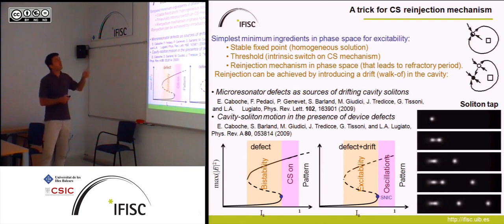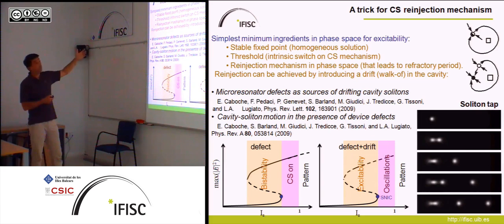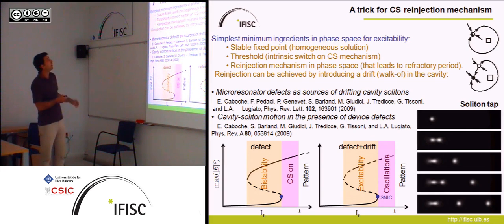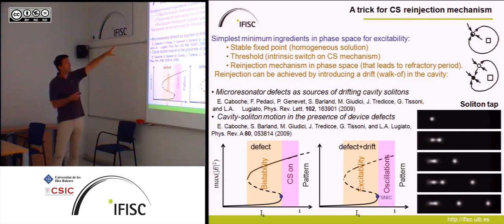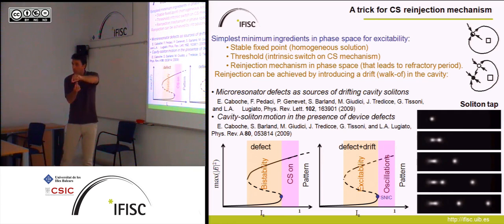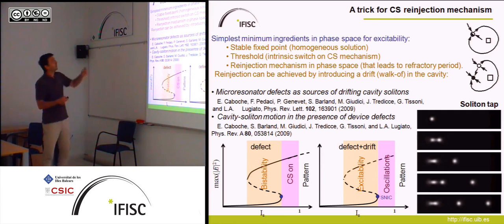The trick is, which are the ingredients to have this computational capability as I have shown? You need excitability. And the minimum ingredient is a stable fixed point, which is the homogeneous solution, and a threshold. That's intrinsic for any cavity soliton, for any dissipative soliton, because you always have this middle branch that is a separatrix, so you always have a threshold. The tricky thing is the reinjection mechanism in phase space.